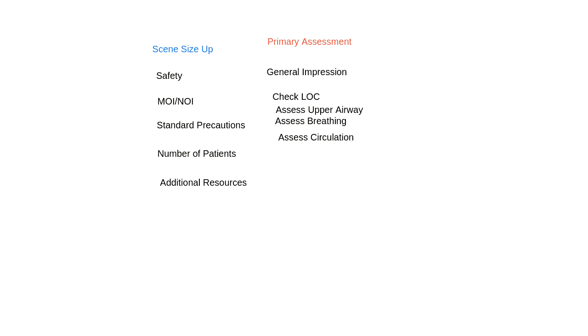When you go into your primary assessment, you need to be able to tell me what it is that you're going to be doing in your primary assessment. Okay, sir, I'm going to be forming a general impression of the patient and the environment. I'm going to be assessing the patient's level of consciousness and assess and manage airway, breathing, circulation, determine GCS, the need for rapid scan or focus, and the need for rapid transport or stay and play.